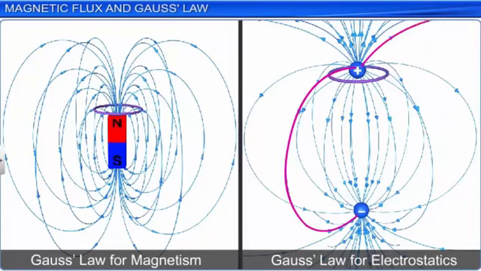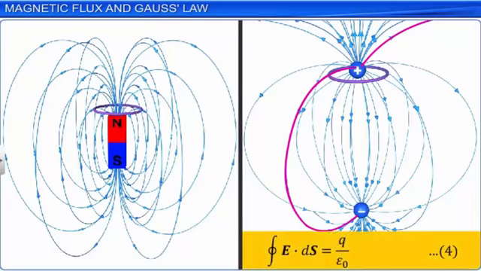Here, the electric field lines go beyond the closed surface. Thus, a non-zero electric flux exists in a closed surface. The electric flux is equal to 1 by epsilon naught times the charge enclosed by the closed surface. On the other hand, the magnetic field lines due to a magnetic dipole are directed from north pole to south pole externally and south pole to north pole internally.